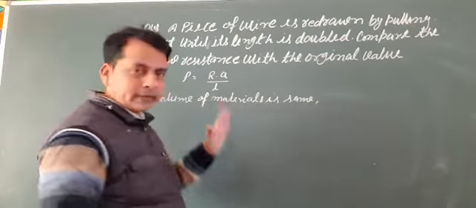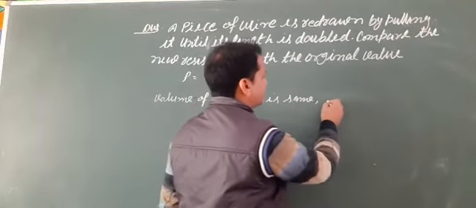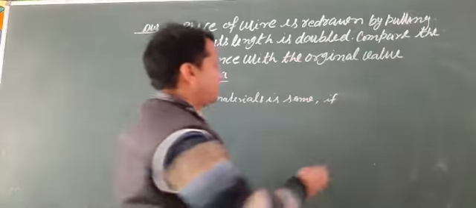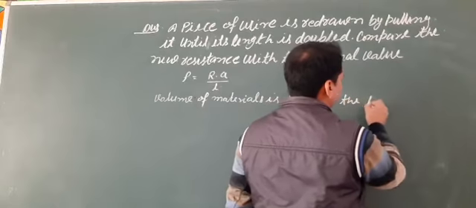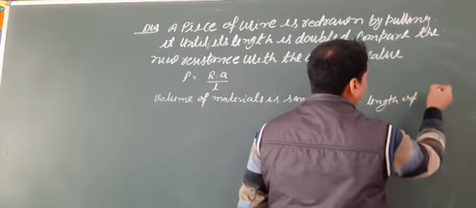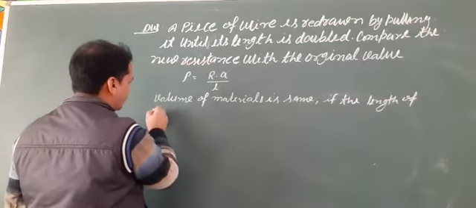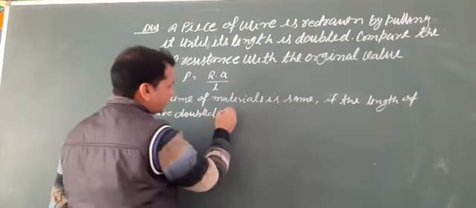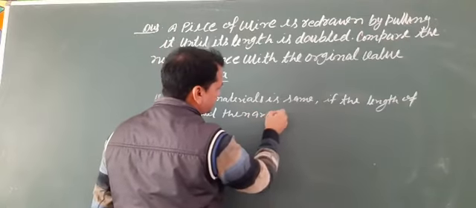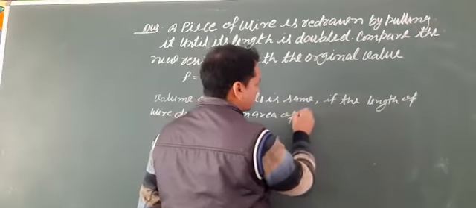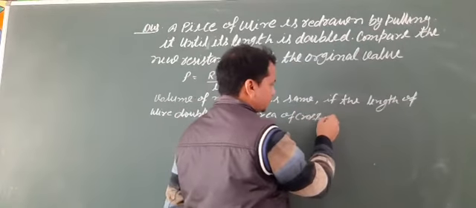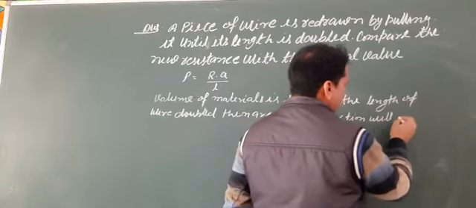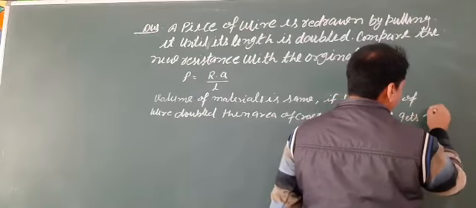So if the length of wire is double, then the area of cross section will get half.